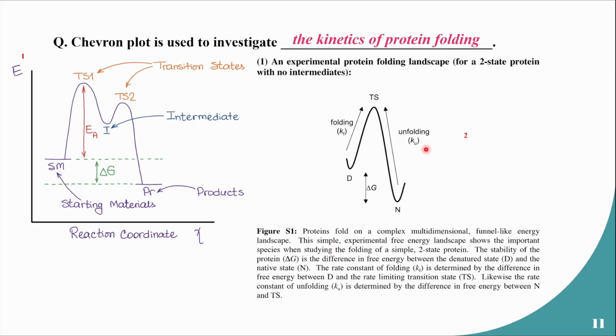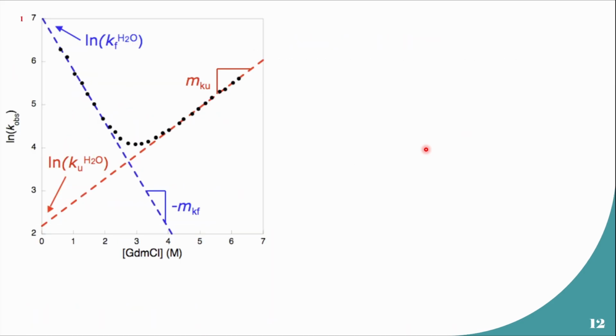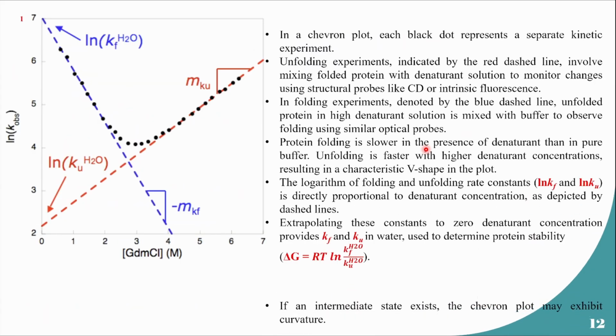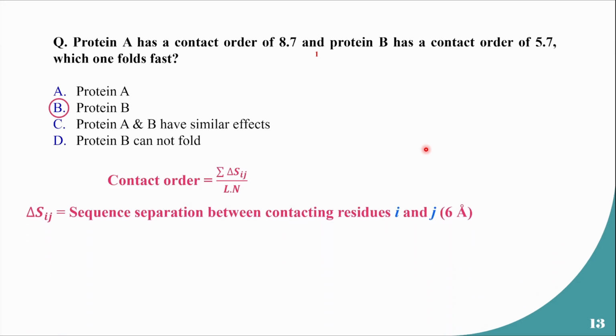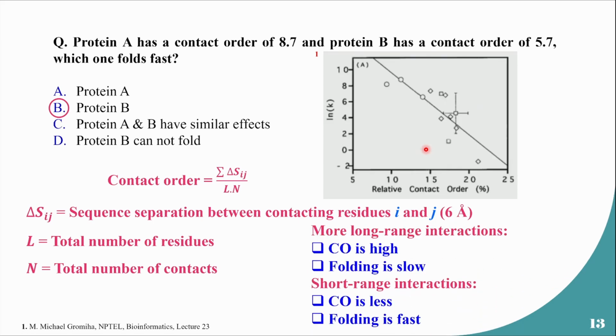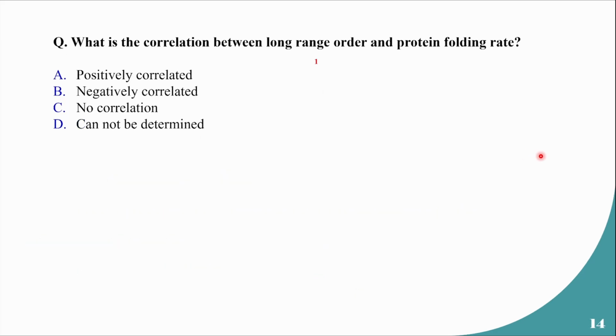Then we also talked about the kinetics of protein folding in terms of the chevron plot. We looked at different examples, and we also tried to correlate protein folding with different parameters such as contact order, long-range order, and so on, which can give us some pretty useful insights in certain cases.